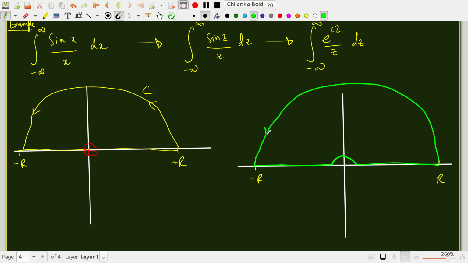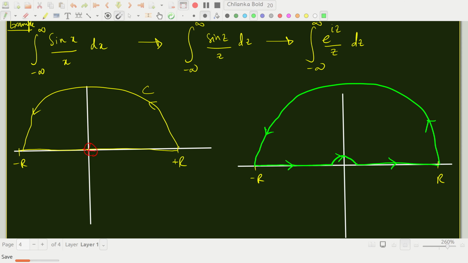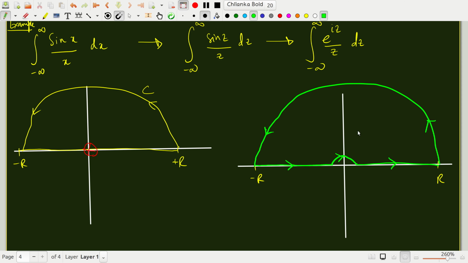Now I've told you many times, the semicircle to close the contour is chosen above or below depending on whether you can ensure that the integral from that part is 0, right? That is very, very important. It's not always obvious which way you have to close. So this is the pole.